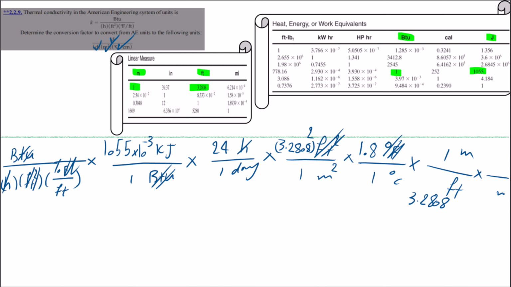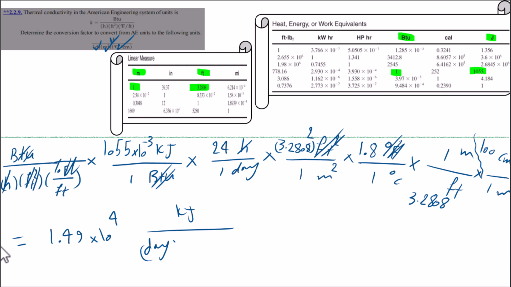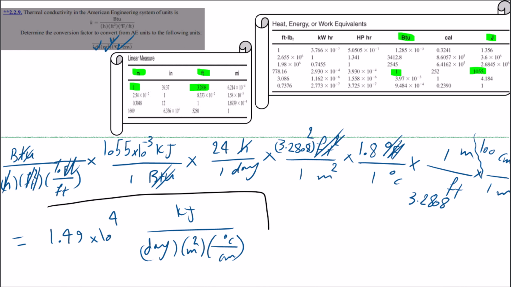And meter must be converted to centimeter. 1 meter equals 100 centimeter. So the answer will be 1.49 multiplied 10 power 4 kilojoule per day square meter degree of Celsius per centimeter. This is the final answer.